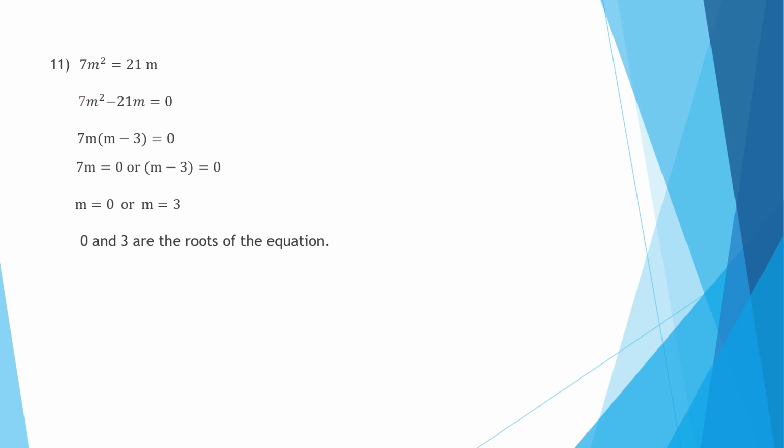Then either 7m is equal to 0 or m minus 3 is equal to 0. So we solve this equation, we get m is equal to 0 or m is equal to 3. So the roots of the equation are m is equal to 0 and m is equal to 3.